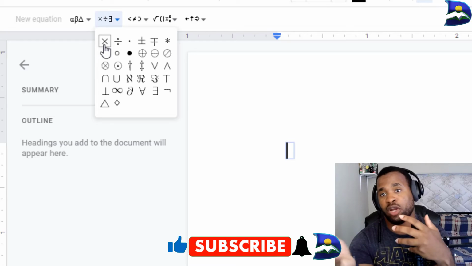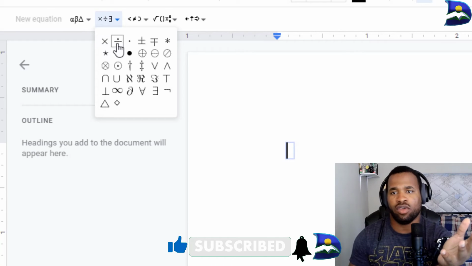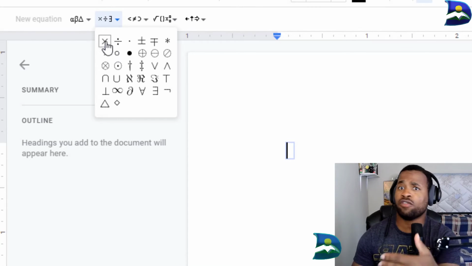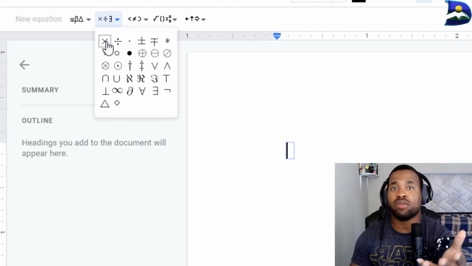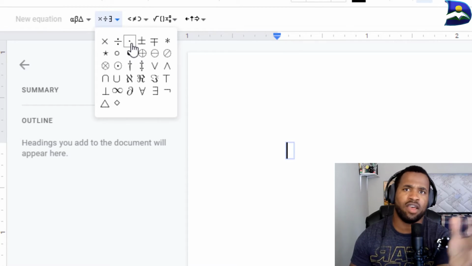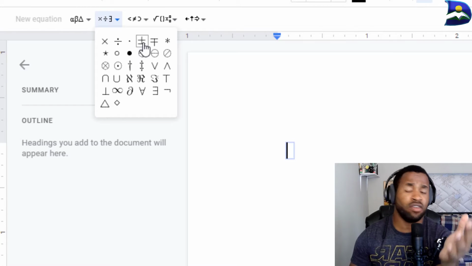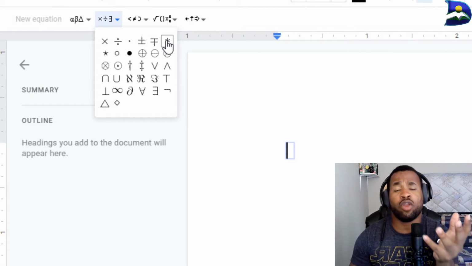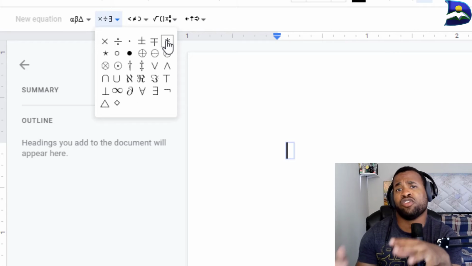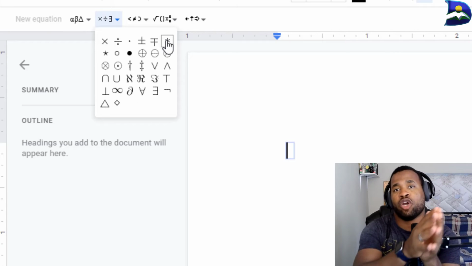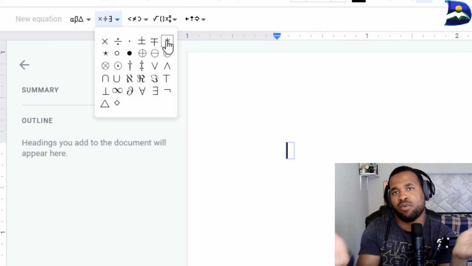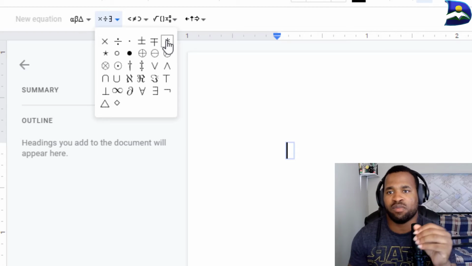Now the next one involves miscellaneous operations, and this focuses not only on operations like multiplication and division, but can also be used for sets like Cartesian products, and this dot here represents product as well. We have the plus or minus symbol. This can also be used for multiplication, sometimes when you are dealing with exponents, like scientific notations, let's put it that way.